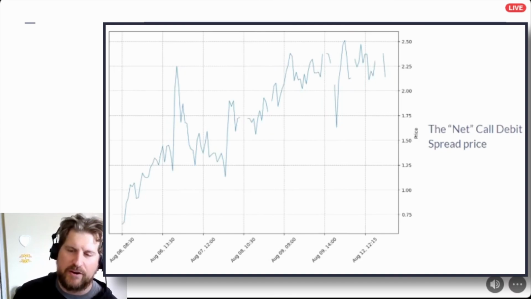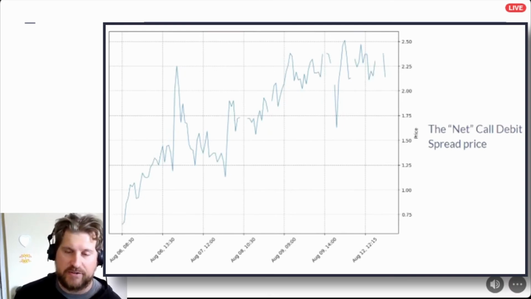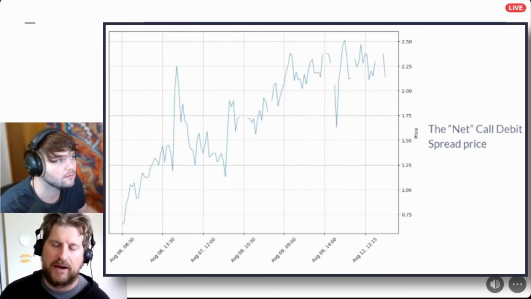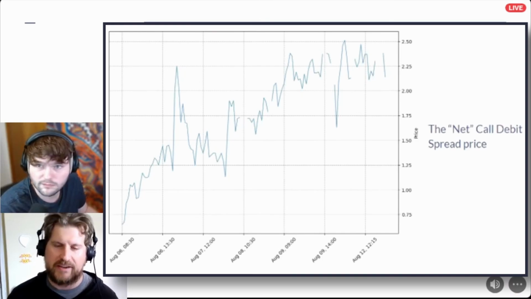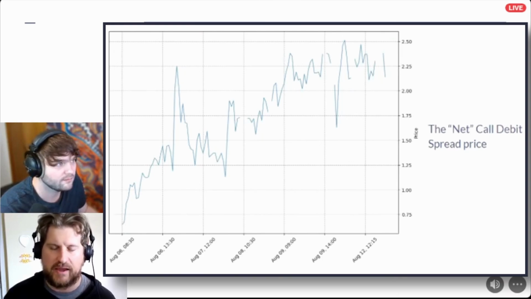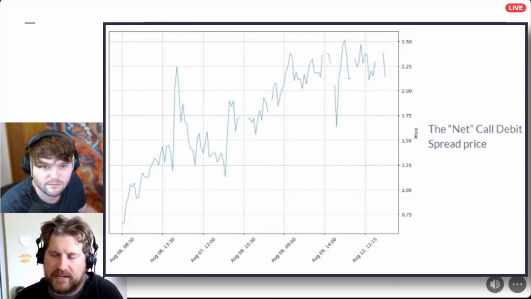They're both decaying towards their intrinsic value, and the in the money call actually has intrinsic value, whereas the out of the money call does not. So it's decaying towards zero, while the in the money long call is decaying towards whatever its intrinsic value is. Maybe $1 if JPM is at 206, or $2 if it's at 207, and so you can get some interesting effects at that time as well.